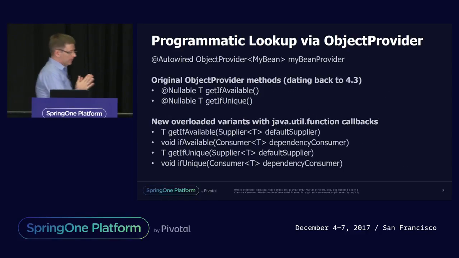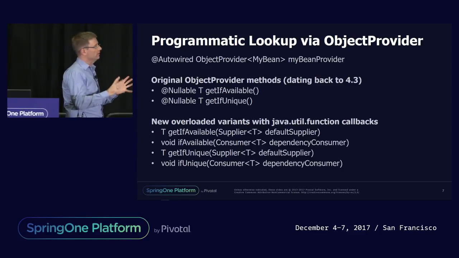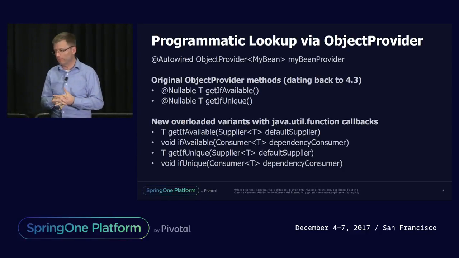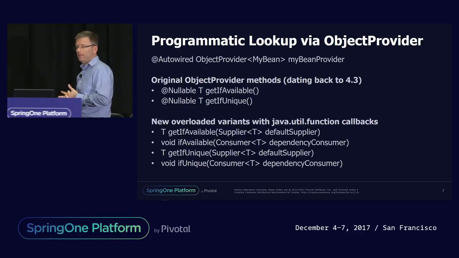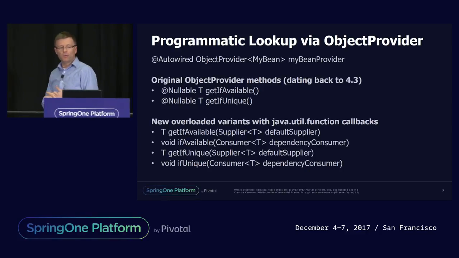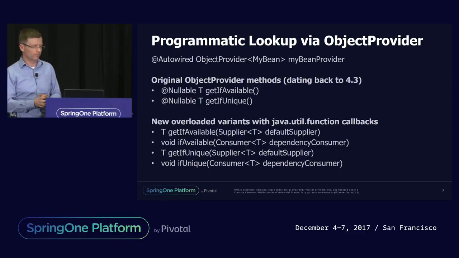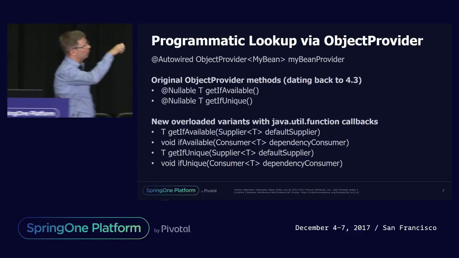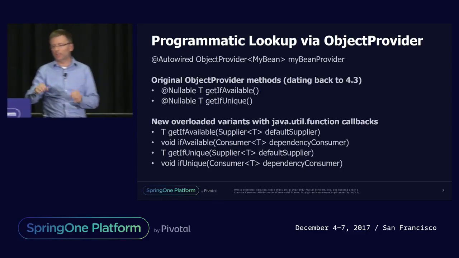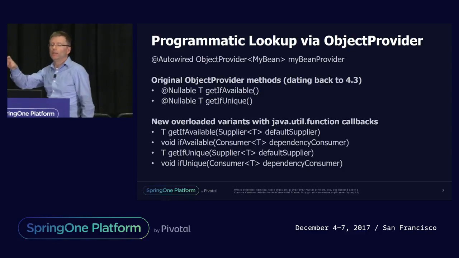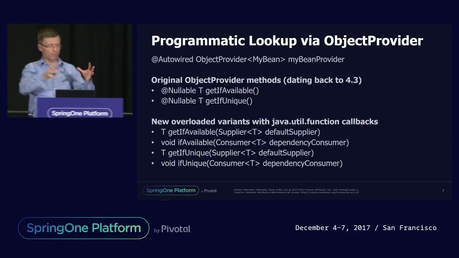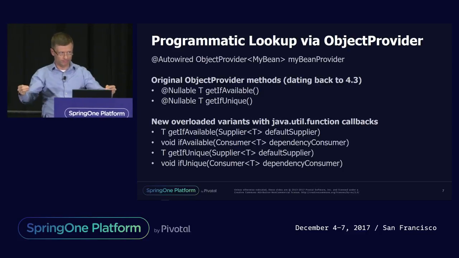All right, three slightly minor, but still nice enough refinements here. There's a Spring Framework 4.3 feature called ObjectProvider. So if you declare an injection point @Autowired, instead of saying @Autowired MyBean, you can always say @Autowired ObjectProvider of MyBean.